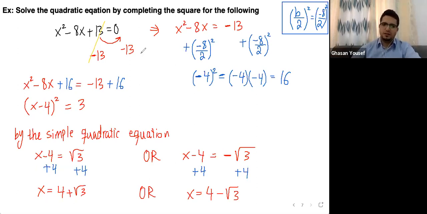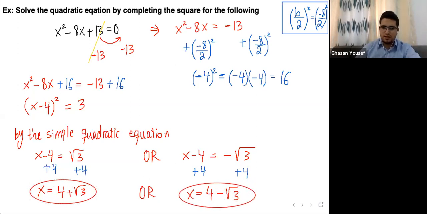Then you continue solving the quadratic equation the way we learned in the simple quadratic equation example, and you will get 2 different solutions. The first solution is x equals 4 plus square root of 3, and the second solution is x equals 4 minus square root of 3.